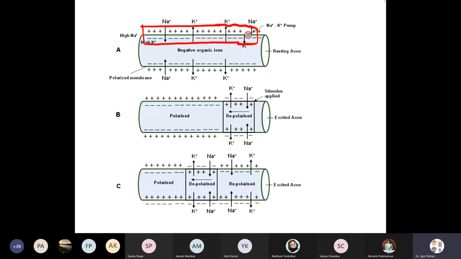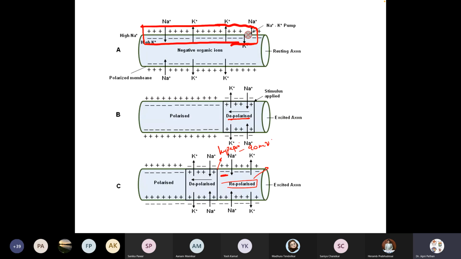Negative inside, outside positive. So in the depolarization, what happens? Positive will become negative, negative will become positive. Again, in repolarization, what should happen? Negative should be inside and positive outside. But here, what will happen? Hyperpolarization takes place. Between the depolarization and repolarization, there is a hyperpolarization state where more negativity builds up and it goes to minus 90 millivolt.